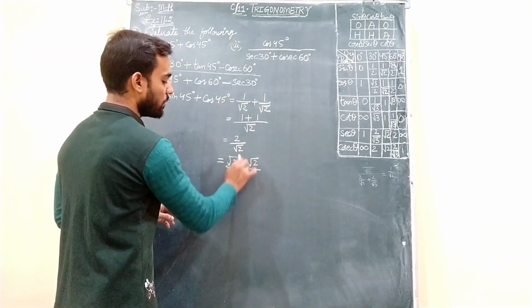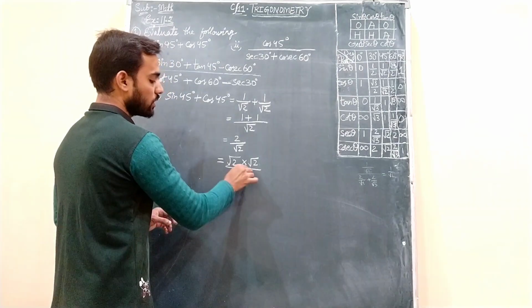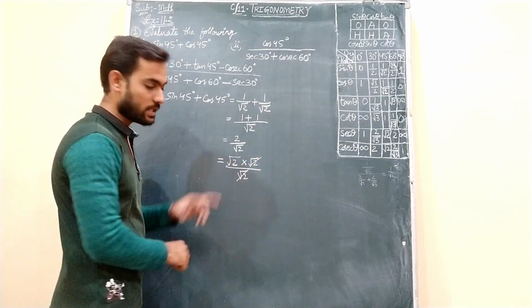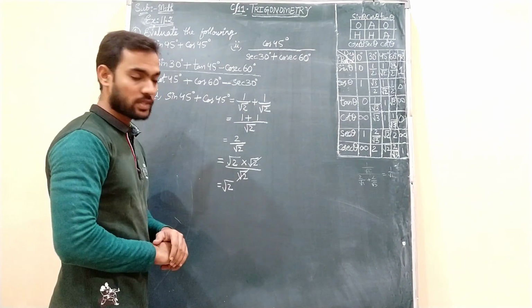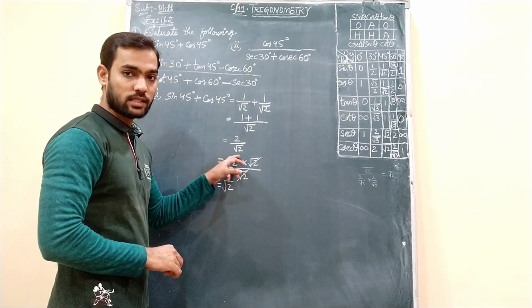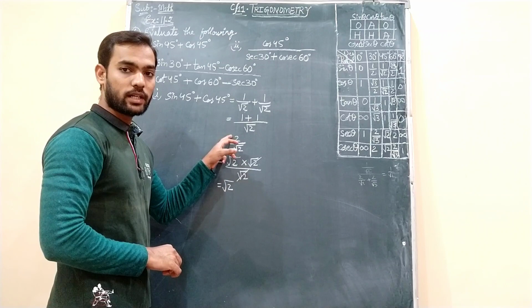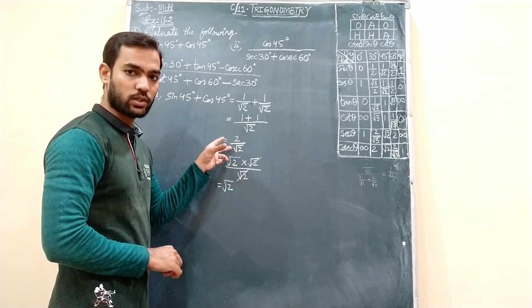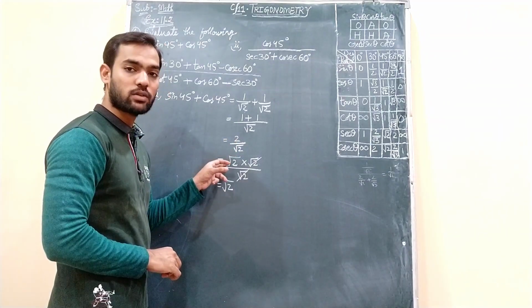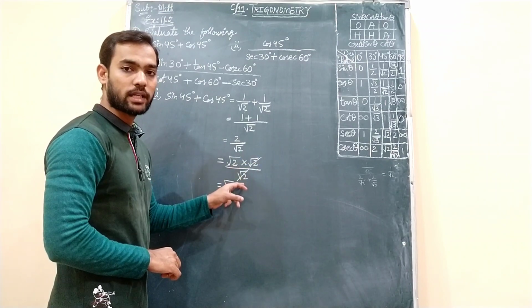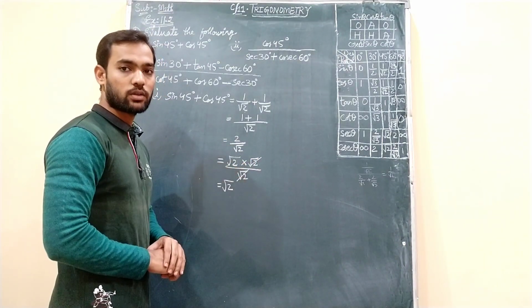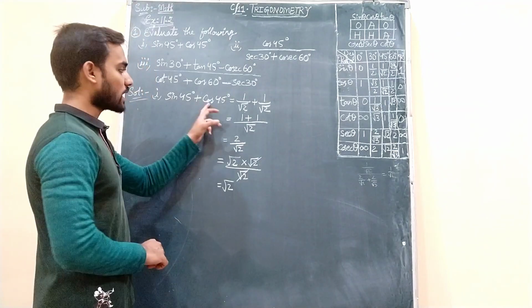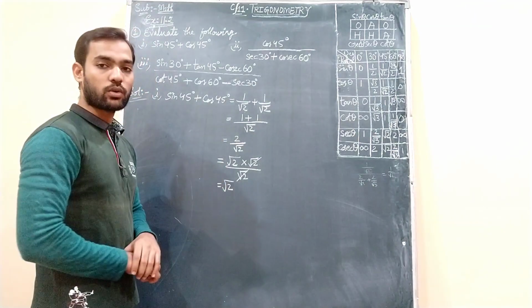The denominator I will keep as it is, root 2. So this root 2 gets cancelled, and only root 2 remains. My target was to cancel the root 2, and fortunately the numerator was only 2. That is why I wrote it as root 2 into root 2 divided by root 2, and the root 2 got cancelled. We got the answer as root 2. So the value of sine 45 plus cos 45 is root 2.